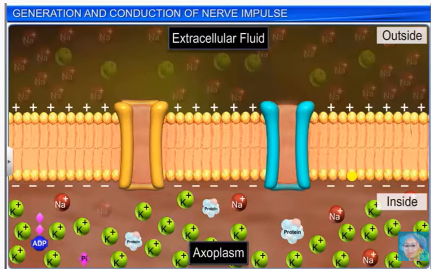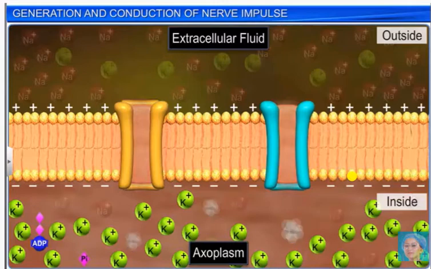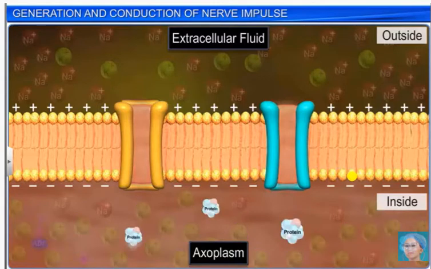Therefore, the axoplasm inside the axon contains a high concentration of potassium ions, negatively charged proteins, and a low concentration of sodium ions.